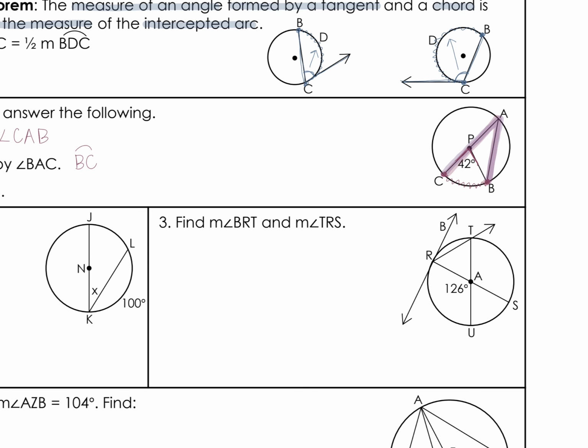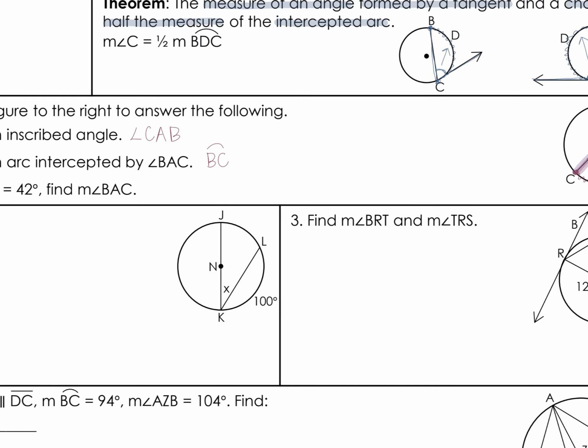I know that because its vertex is on the center, and therefore this arc here is equal to it. So the arc BC has a measure of 42 degrees. To find that inscribed angle's measure, I'm just going to take half of that 42. So 1/2 of 42 leaves me with 21 degrees. The measure of angle BAC is equal to 21 degrees.